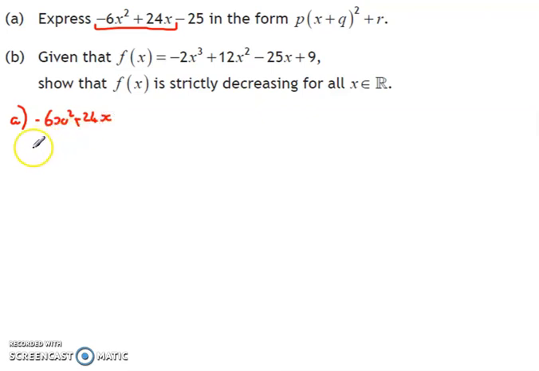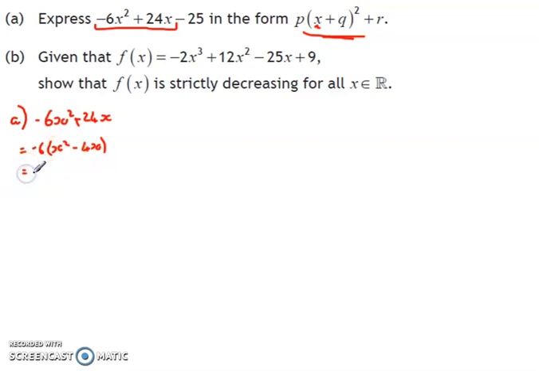What I would do is take out the negative 6, so I then end up with x squared minus 4x. The reason being, if we look at the format that we want at the very end, we've got a term that's just x left on its own. So if I take out this whole negative 6, I'm left with an x squared. When I factorize the x squared part, what I'll end up getting is just an x on its own.